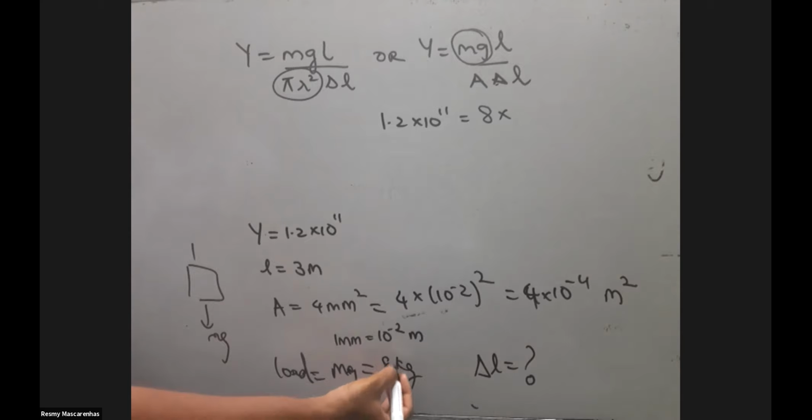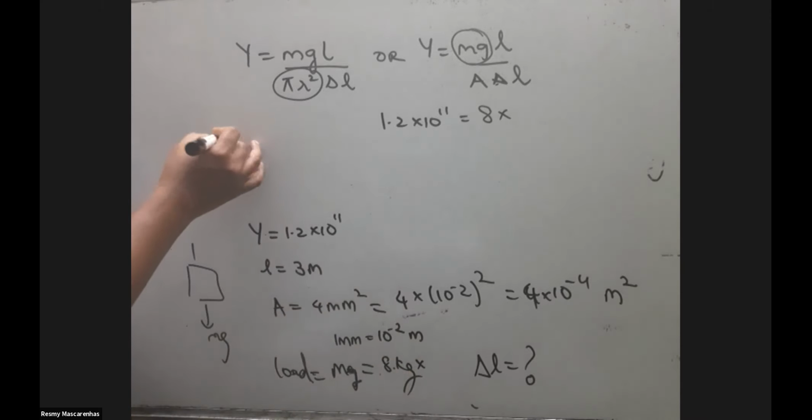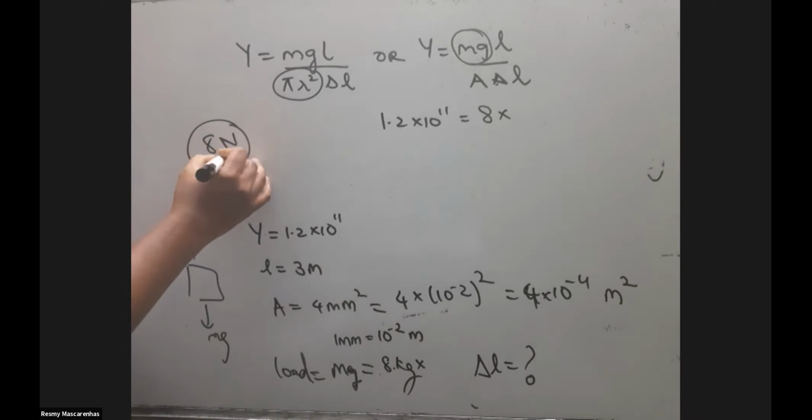But if it is given in terms of Newton, then we take the whole thing as the weight. Now it is given in terms of kg, so kg will be only mass. If this was given as a load of 8 Newton, then mg would have been 8 Newton.